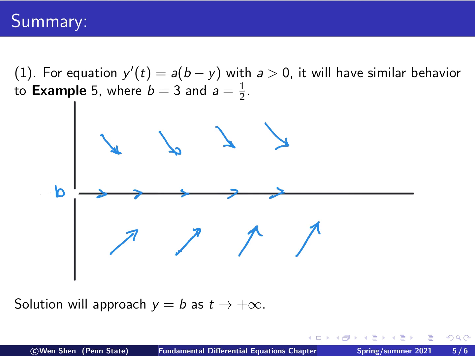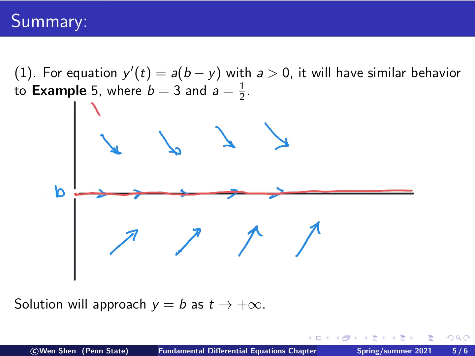Okay, so how does the solution behave? We can try to draw red curves for the solution, and then we see that if the initial value is at y equal b, then this horizontal line is the solution. And if y initially is bigger than b, what will happen to the solution?